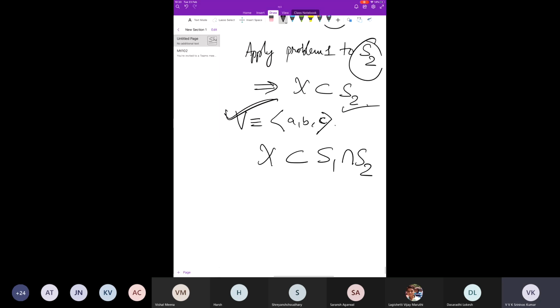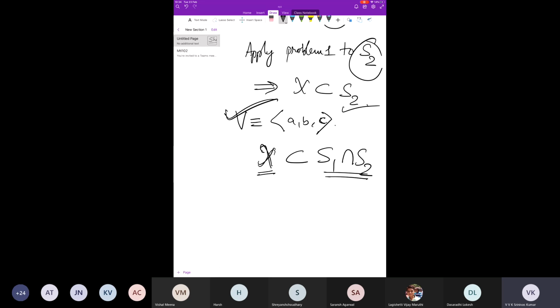From this, what we can conclude is that any curve that is the intersection of S1 and S2 has to be characteristic. If at all there is a characteristic curve, it has to be in the intersection.